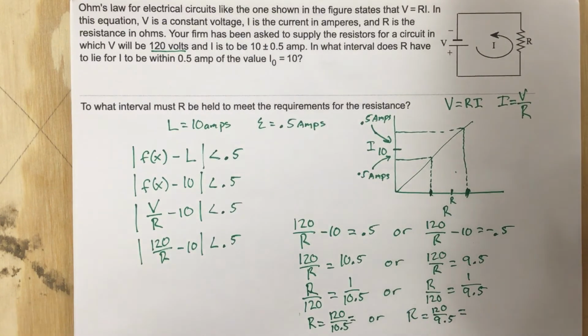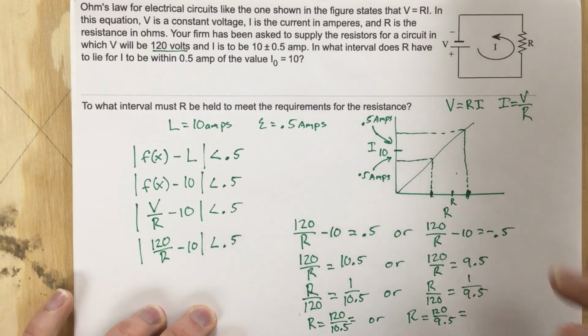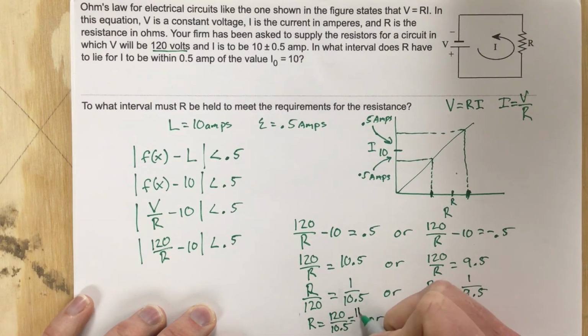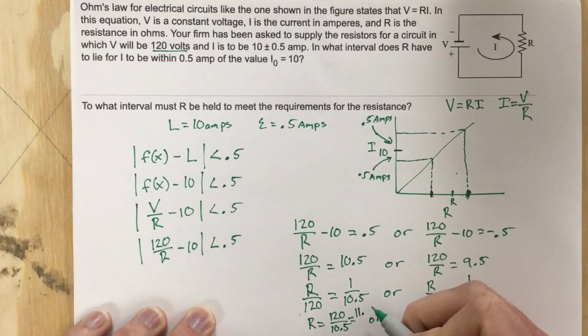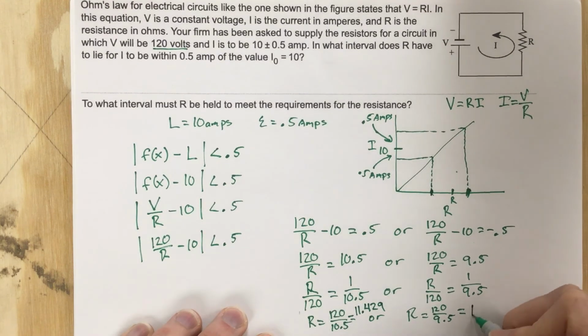When you do 120 divided by 10.5, you get an R value of 11.429. And 120 divided by 9.5 gives 12.632.